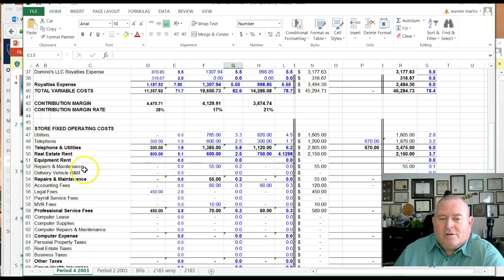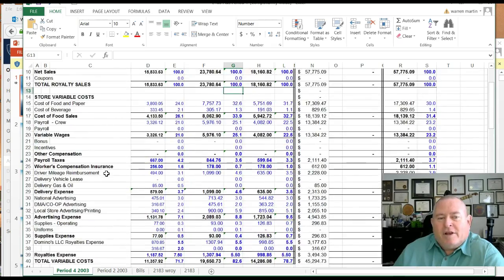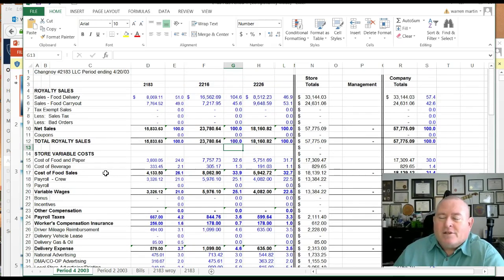A variable cost fluctuates. In fast food, the cost of cheese goes up and down. Your labor goes up and down: busy week, more people working, higher labor; slow week, fewer people working. So they're flexible expenses. It's not going to be the same $1,000 a week. It's going to fluctuate between 700 and 1100. And that's where these percentages come in.